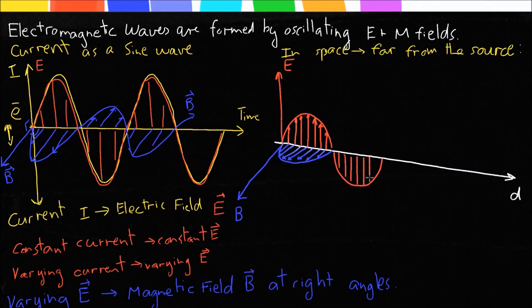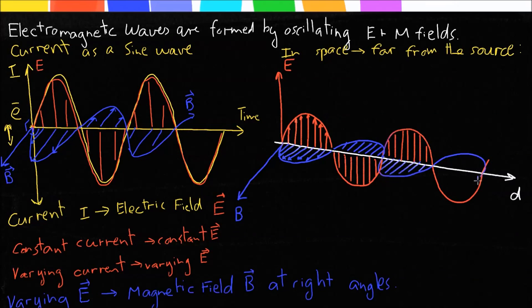There's the electric field produced by the magnetic field changing, and then as that electric field changes, it produces another changing magnetic field. And so on, and so on off into space.